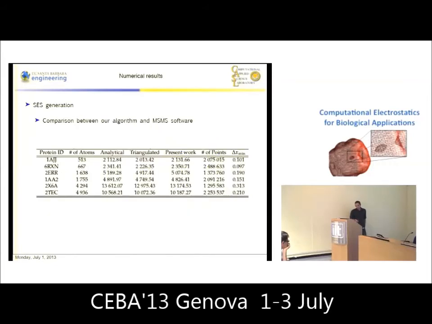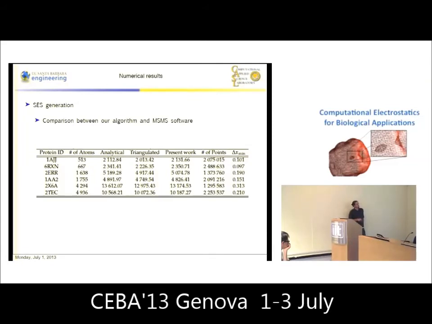Then we did pretty much the same thing, but now considering real proteins with different numbers of atoms. We compared the surface area given by the MS software and the one that we got using our algorithm.